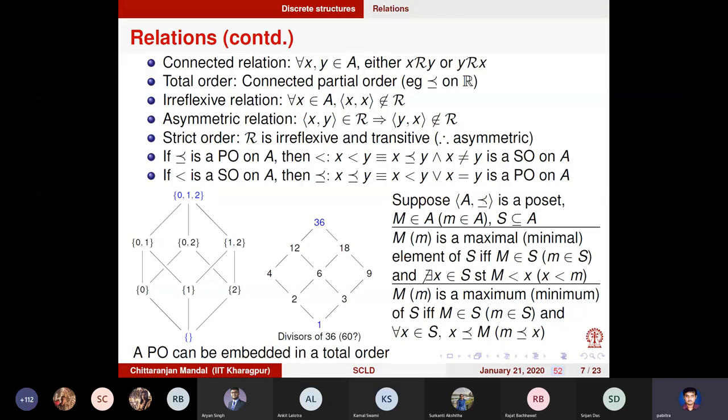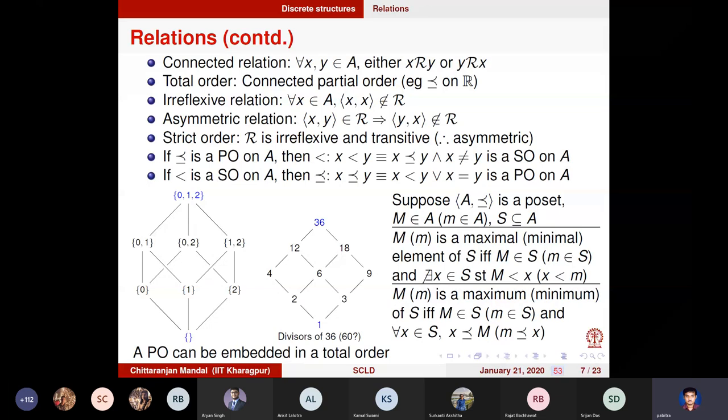Okay, so for single elements, we can have the greatest lower bound and the least upper bound. Sometimes, not always, sometimes. All right, so we have seen two concepts.